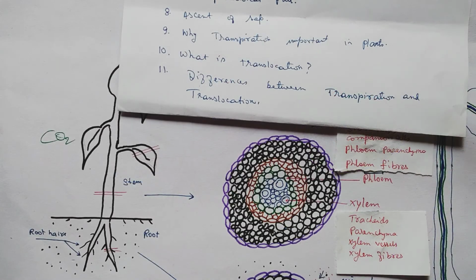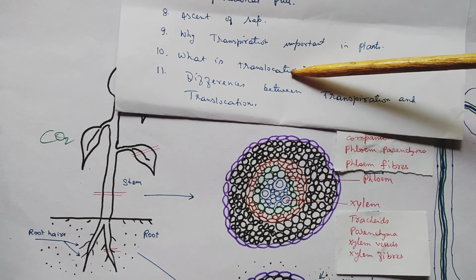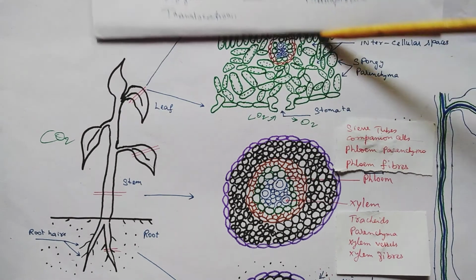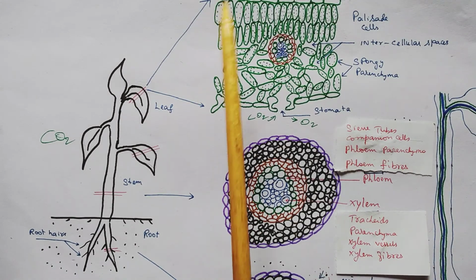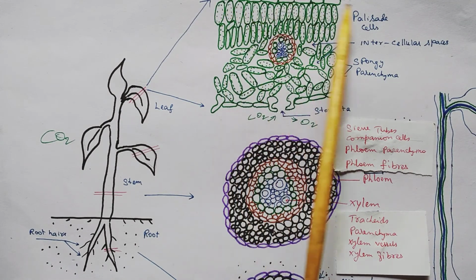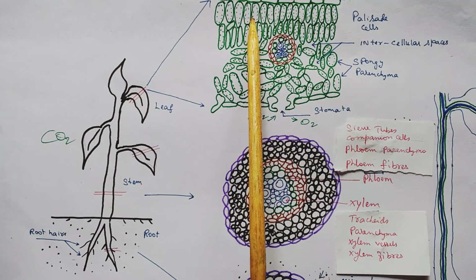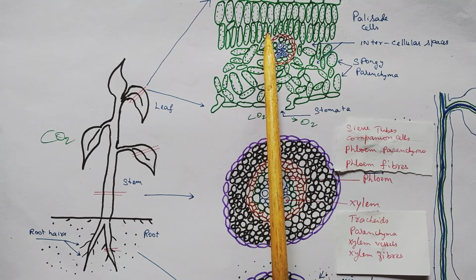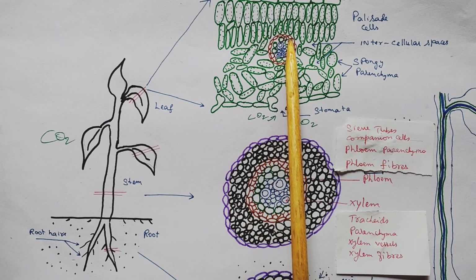The next point here is point number 10. What is translocation? Translocation is nothing but the movement of the food particles from the leaf. You see, these are the palisade cells. They manufacture food, and the food produced by these cells will be transported to reach these green colored tissues, which we call phloem.